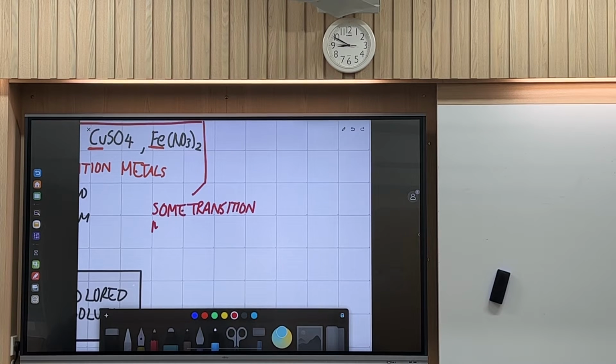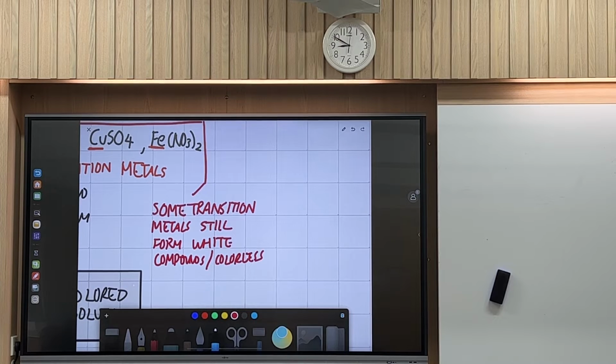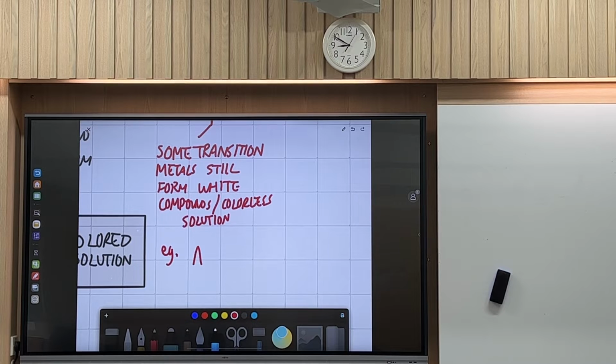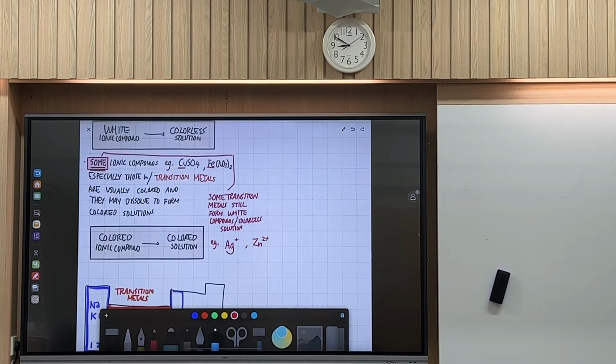So some transition metals still form white compounds or colorless solution. Write down 2 examples that you need to know. Silver ion, zinc 2+ ion. These substances will form white compounds and colorless solution.